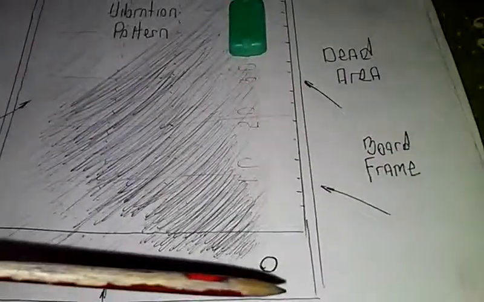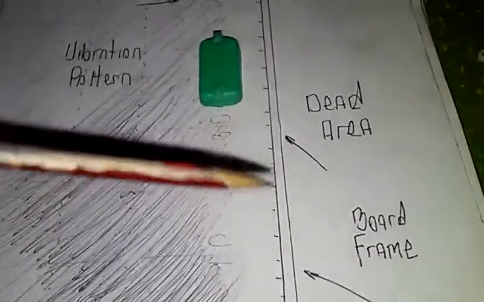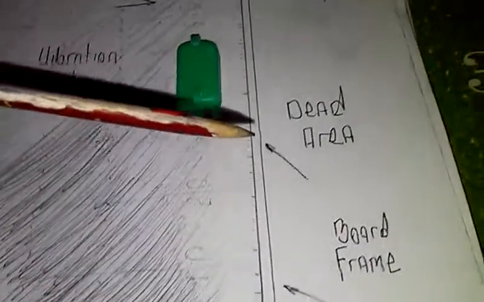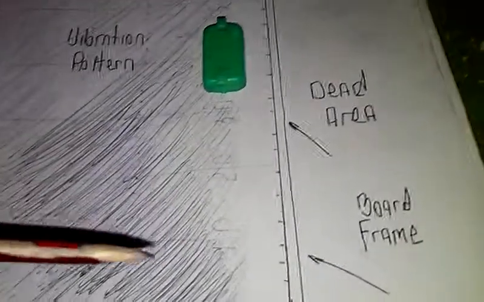This is well known by many board makers that as you get closer to the sideline or the frame of the board, the vibration lessens because the field is attached to the frame.